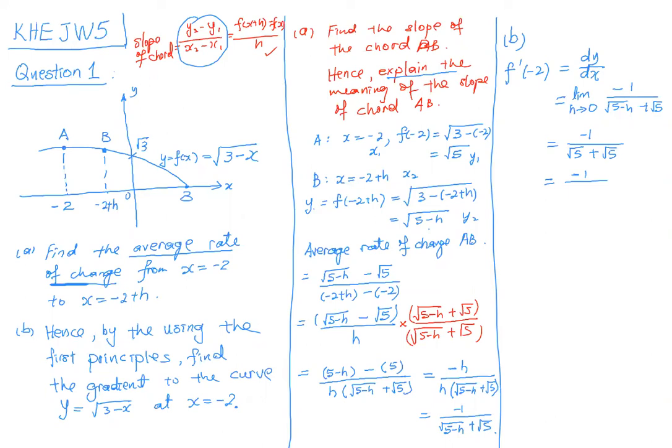I'm telling you. Edina. It's not 4. Square root of 5 plus square root of 5. Edina, what happened to your mind? May I know what happened to your mind?